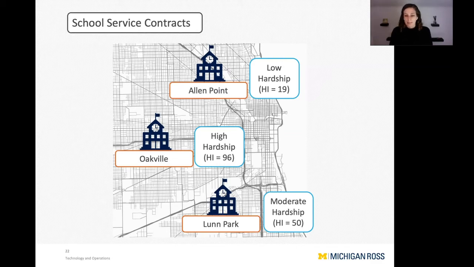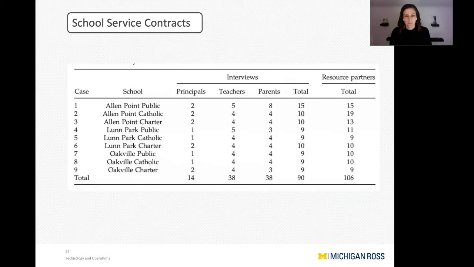And within each of these neighborhoods, we sampled 3 schools, a public, charter, and a Catholic school. And we were interested in how each of them navigates this issue of trying to compete in this marketplace with heterogeneous nonprofits that are not necessarily trustworthy or reliable when they have very minimal power. The schools have very minimal power themselves.